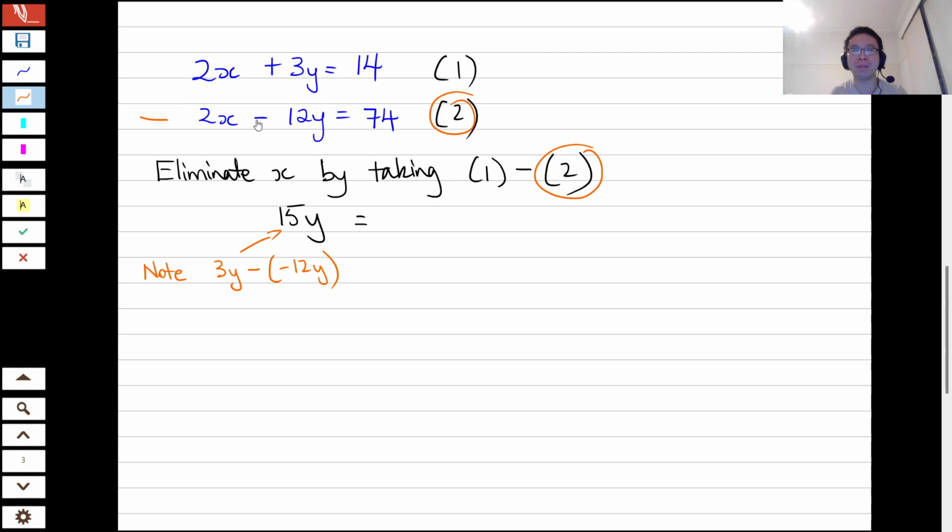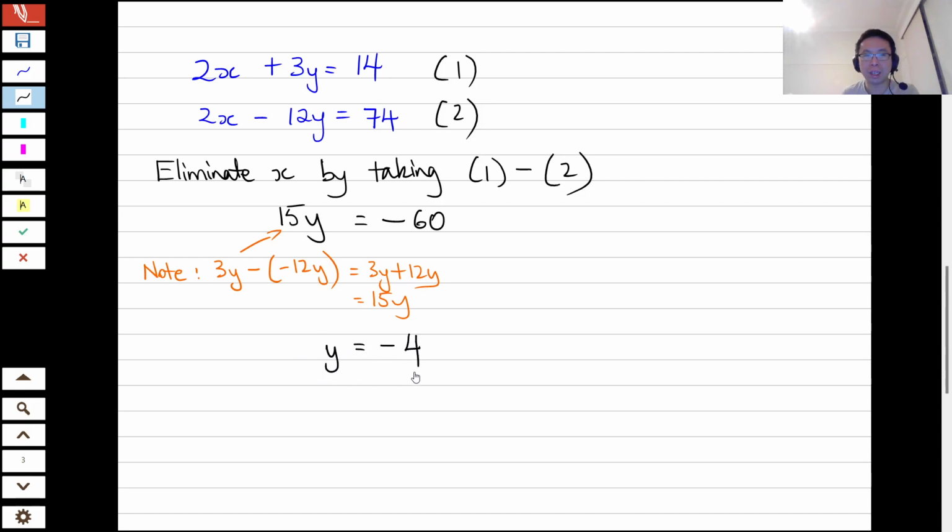So just keep that in mind. Okay? And then 14 minus 74 equals negative 60. And now if I divide both sides by 15, I get y equals negative 4.